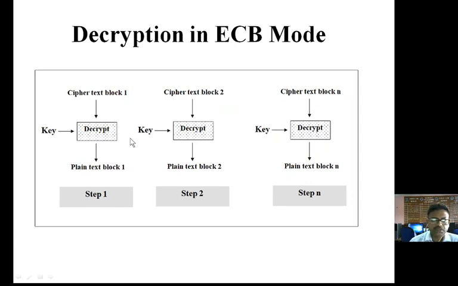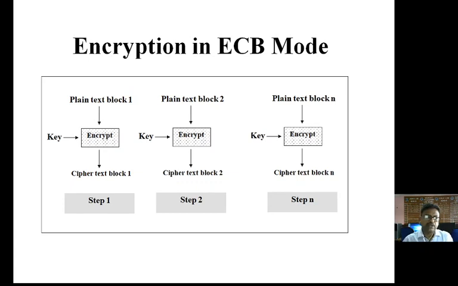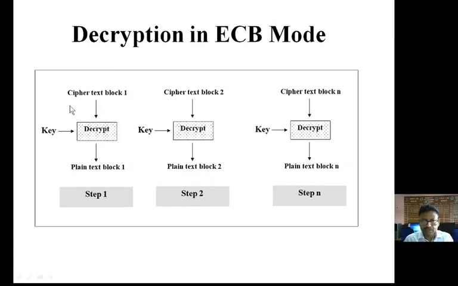Then we have the decryption process in the ECB mode. Since I have told you that this is a very simple process, the process which is adopted in encryption, the same process will be adopted in the decryption also. But in case of encryption, plain text is the input. In the decryption process, ciphertext will be the input.